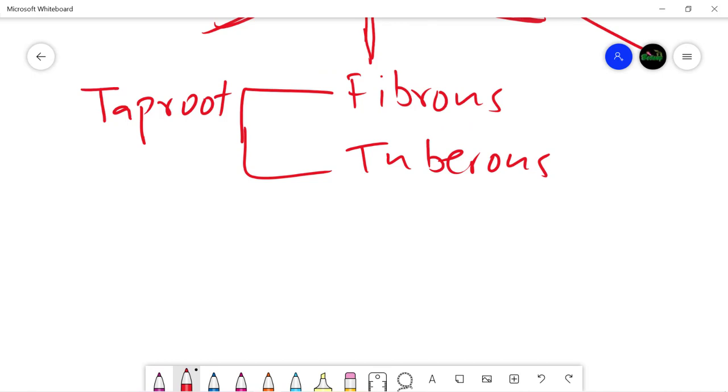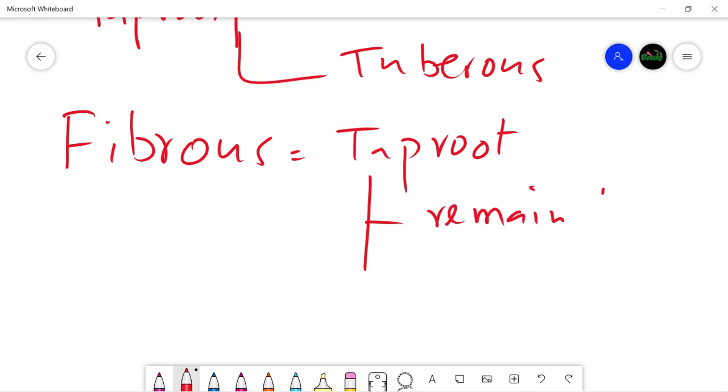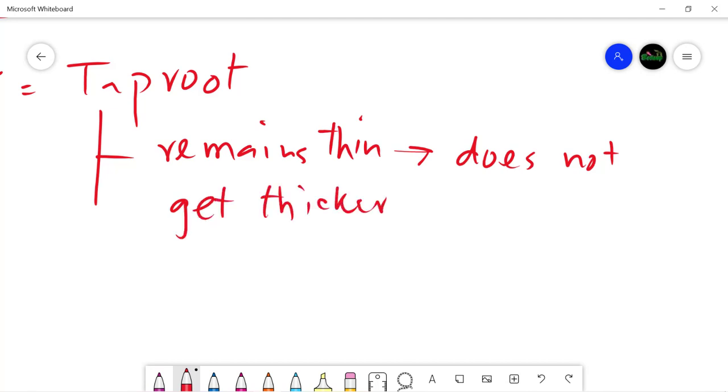But anyway, the fibrous taproot is defined as when the taproot remains thin and does not get thicker than its branches.